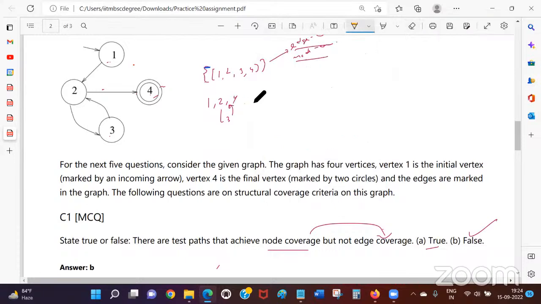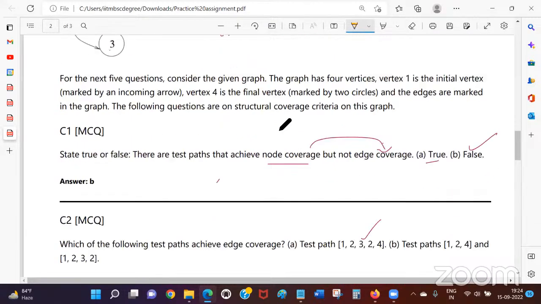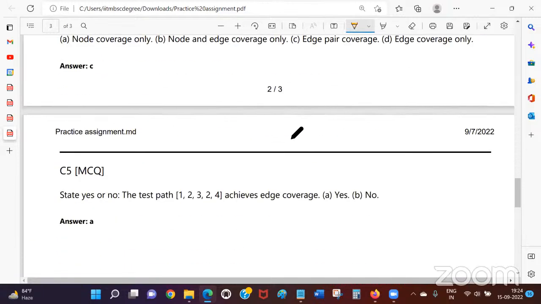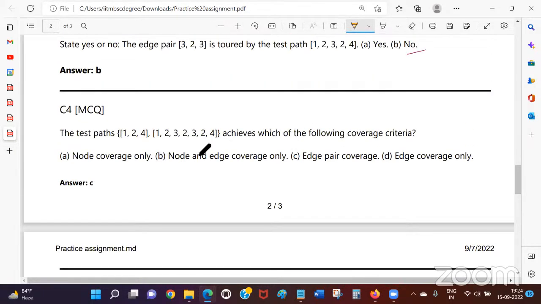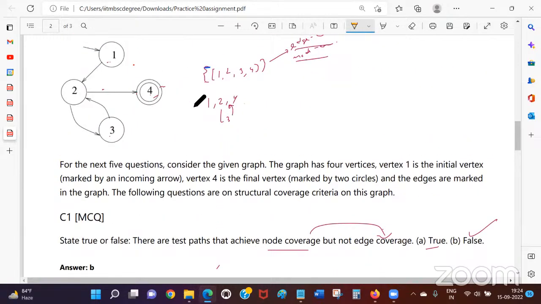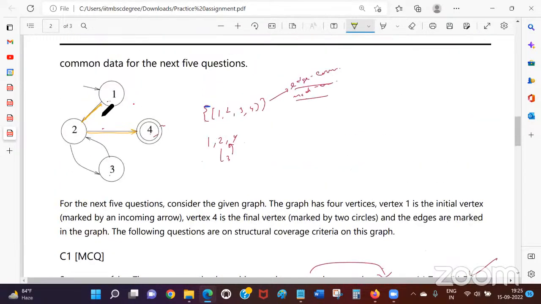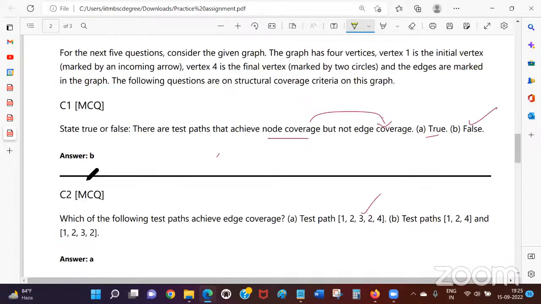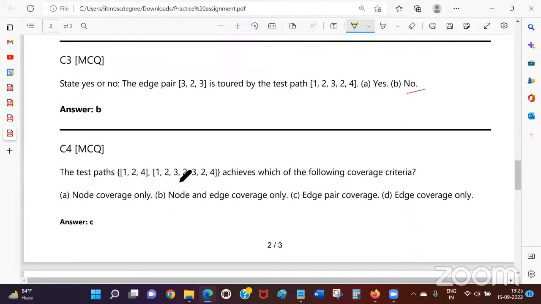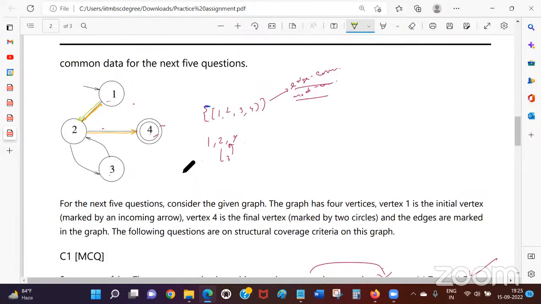Which path am I referring to? 1, 2, 4 is one particular path we are talking about, and another path we are taking is 1, 2, 3, 2.